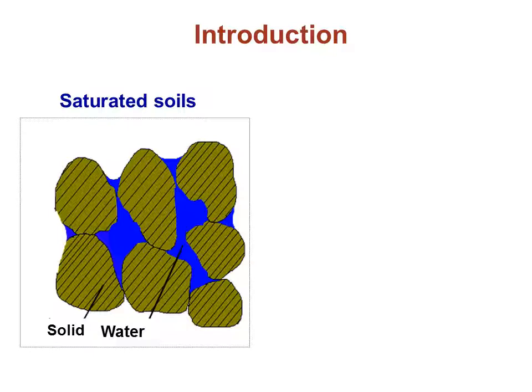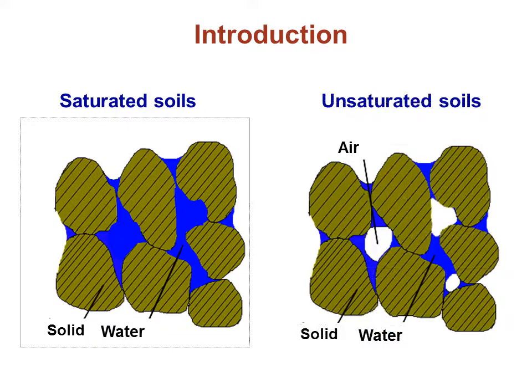Now, if a soil is saturated, that means the void space or the pore space within the soil mass is completely filled with water. Now, when the soil starts drying, the water gets replaced by air, and in this process, suction develops within the soil mass.